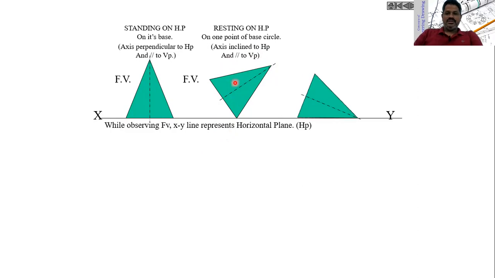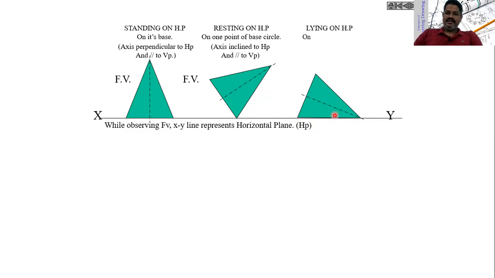In these conditions, the third case is that of the cone's generator, the slant side. One of the slant sides is lying on HP or resting on HP, and the axis is making some angle with HP and the axis is parallel to VP.